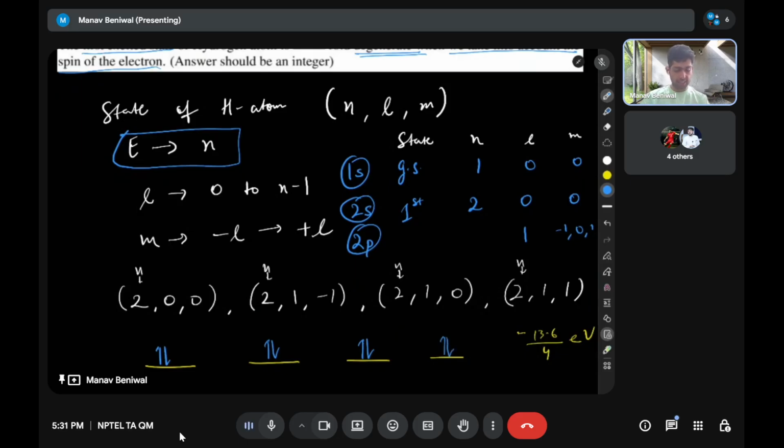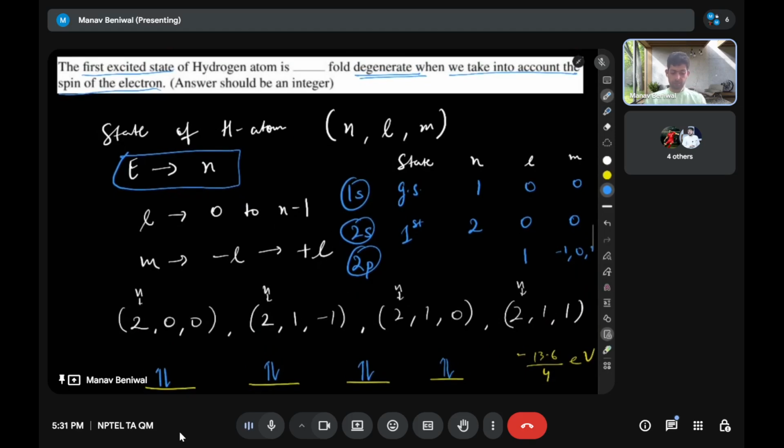So finally, what is the degeneracy? The first excited state of the hydrogen atom is how many fold degenerate when we take into account the spin of the electron? 8. Yeah, 8.